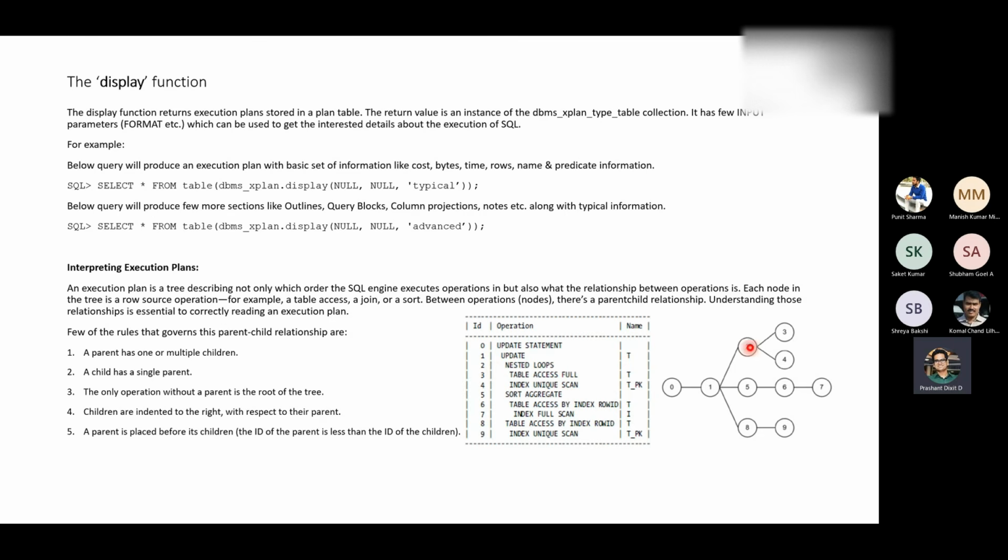And ultimately, when all of these operations sitting at 2, 5, 8, that is nested loop, sort aggregate, and table access by index row ID, are finished, they will pass the result to their parent 1. 1 is the update, and finally 0 is the super parent. So everything will finally be applied by the update statement. That's it.